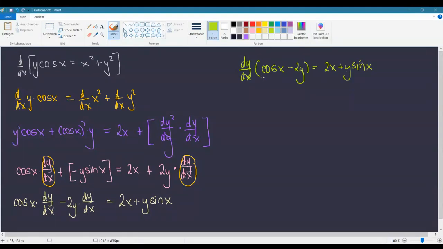Now we're going to divide by this entire thing right here so that we can have dy/dx on one side, and that means we will have solved for the derivative of y cosine x equals x squared plus y squared. It is going to equal (2x plus y sine x) over (cosine x minus 2y), and that's our solution.